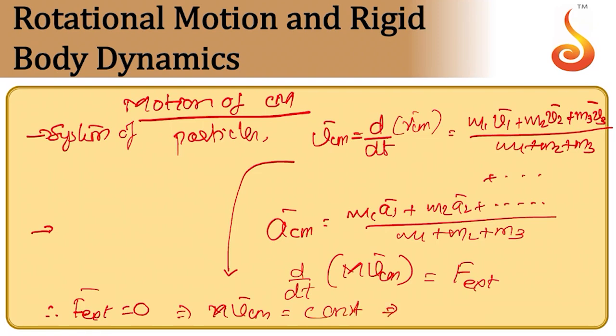That is nothing but the law of conservation of momentum. For a system of particles, the velocity of the center of mass is unaffected by internal forces, or if the external force is 0, the center of mass remains fixed.